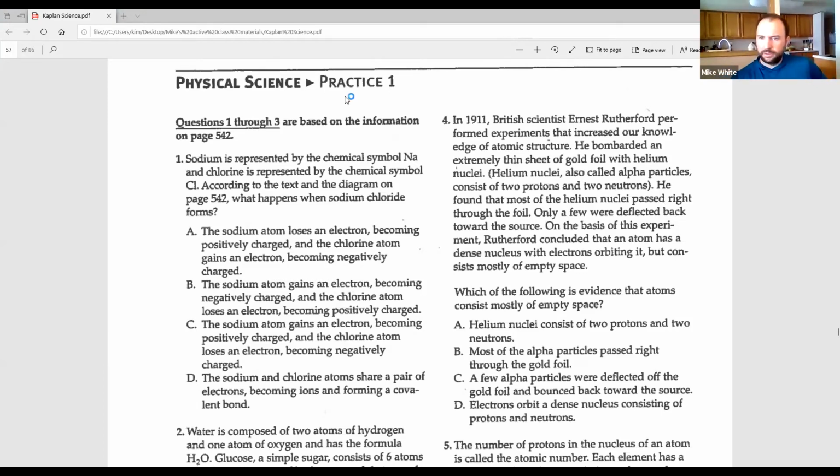But go ahead and try this. Read through the paragraph, and I'll read it out loud as well, but then you can go ahead and answer the question when you get a chance. This is an example of something you might see on the test where there's a pretty good chunk of reading that goes along with it.